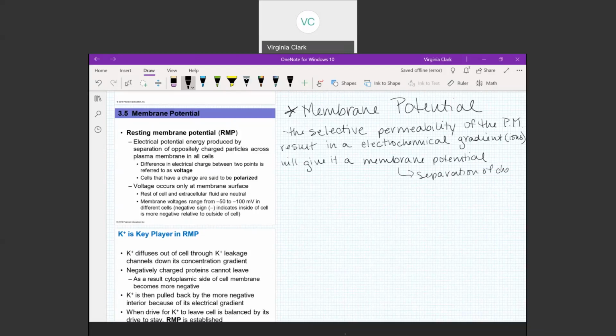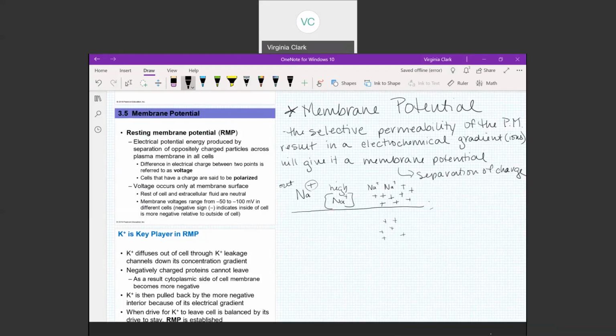Okay, so what that means is, let's take a sodium ion. It's a positive ion. We're going to live in this world, so keep an eye on these. If I have created an environment where I'm going to have high concentration of sodium on the outside of my cell, which we've talked a lot about, I'm going to have a lot of positive ions, right? If I have a lot of positive ions over here, and I only have some positive ions over here, you can see that this is going to be a much higher positively charged side than this side.